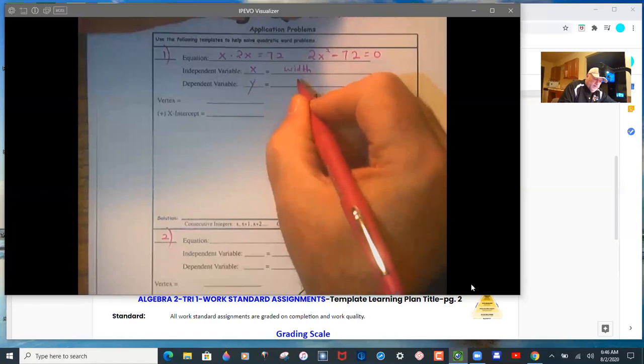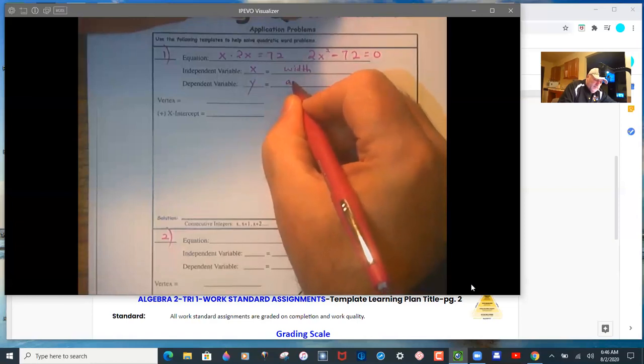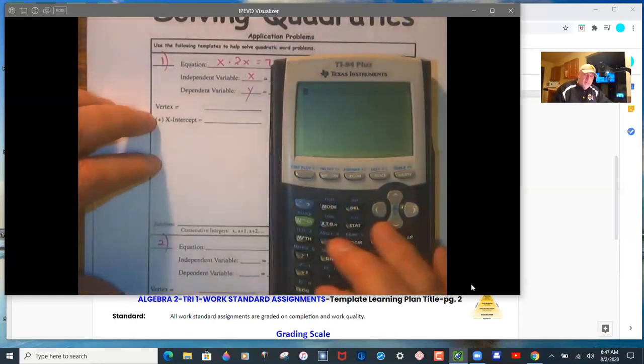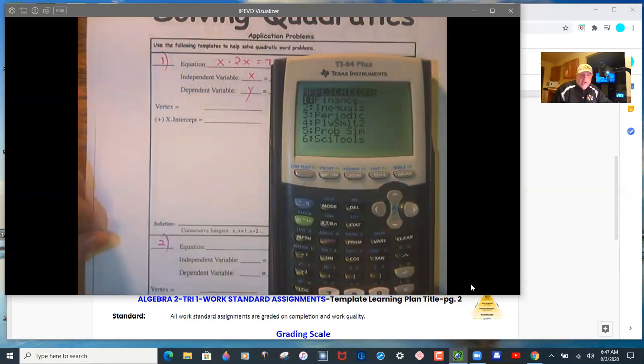And y is the area of the rectangle. So you should get the vertex and the positive x-intercept. They're usually involved in the answer. In solving this, you can use the online calculator also, but I'm just going to use the Polysimul app.